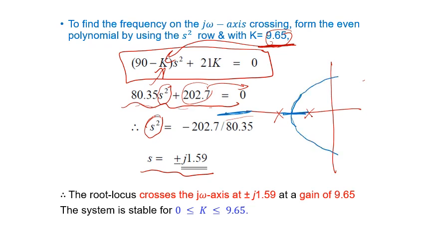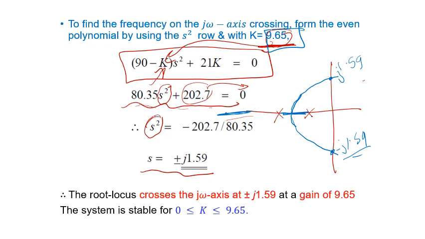As the gain is changing, they go until they meet the j omega crossing at this point. What is the value of that point? It's equal to 1.59 j, of course, and here minus j 1.59. What was the value of the gain at that time? The gain at that time equals 9.65.